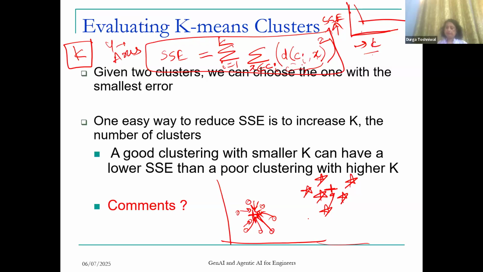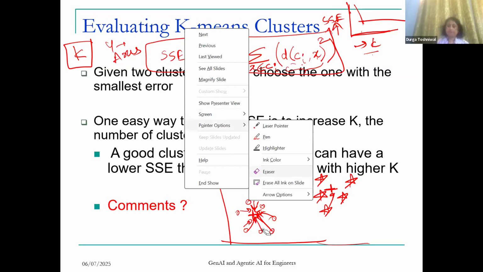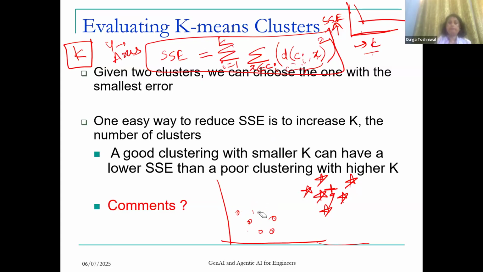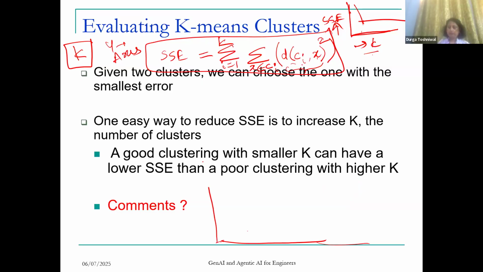Let's say now, I think I'll have to use the eraser to illustrate what I want to illustrate. Give me a minute. Okay, now let me choose another set of points.